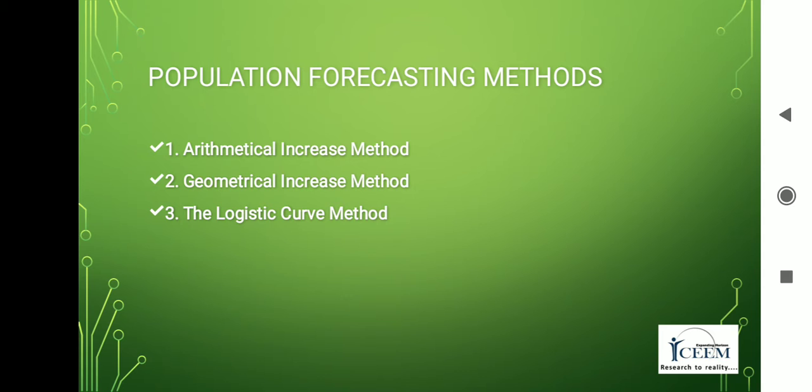The correct present and past population can be obtained from the census, that is Janganana, which happens every 10 years, that is, after a decade. The census office of our country calculates the population in the country.